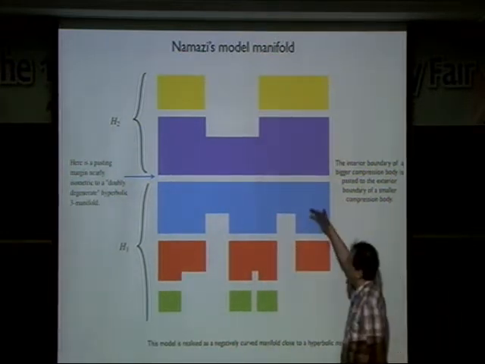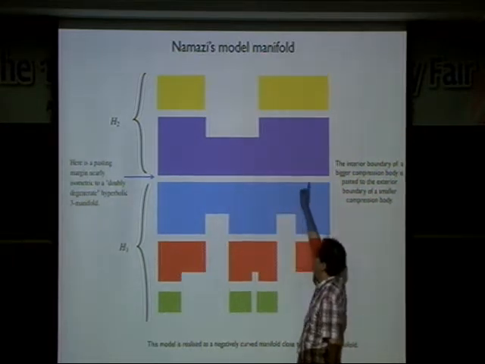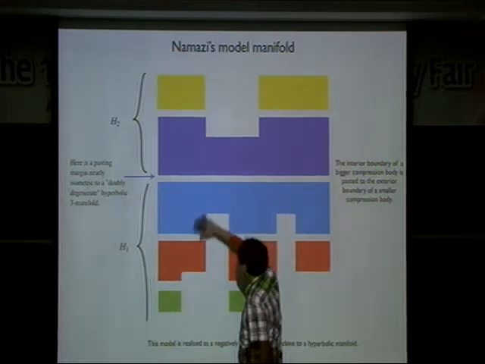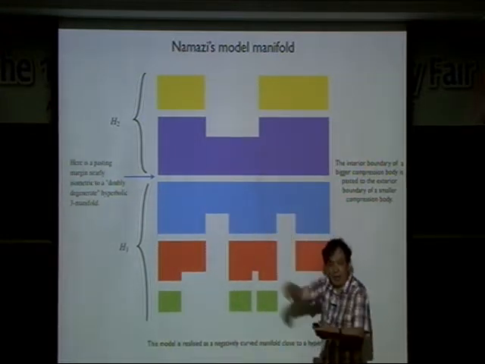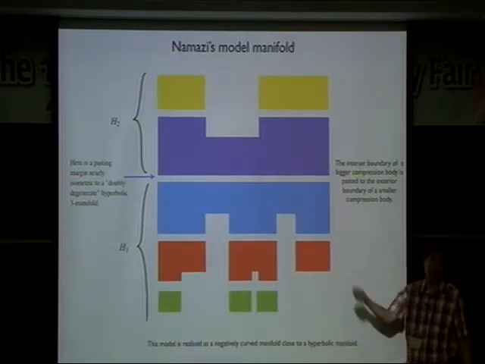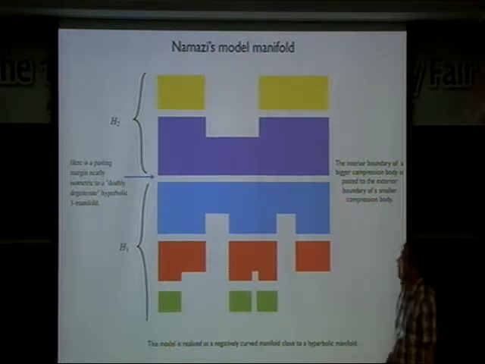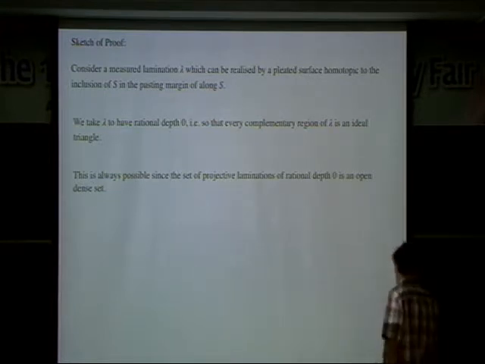Because this model is constructed from the hyperbolic compression bodies, you can take the lamination so that in the hyperbolic compression body, the lamination is realized as geodesics in the 3-manifold.